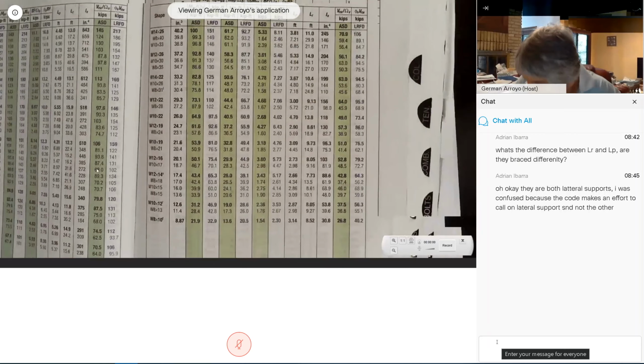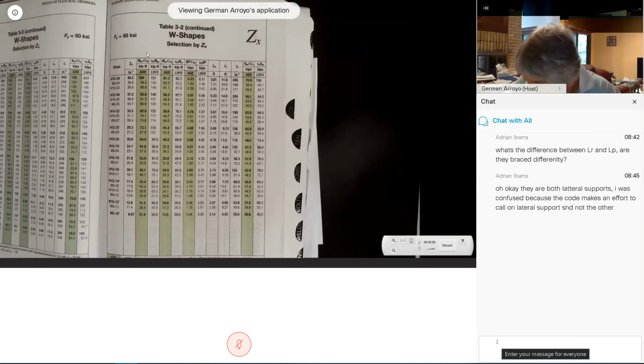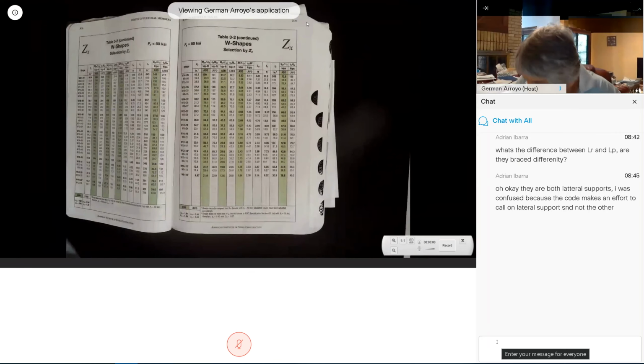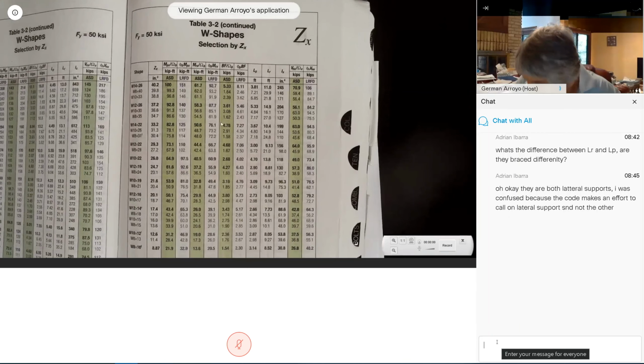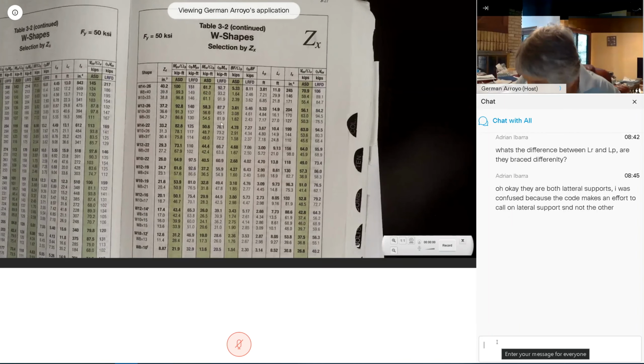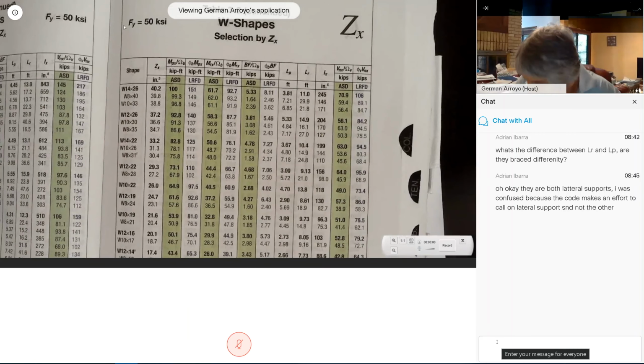I would say that here, well, this is the same page 327. So I would say that here in the code, you have to be careful because there are several tables. Every year they add more tables. So in here, this is for 50, and this is for the plastic modulus for strong axis.